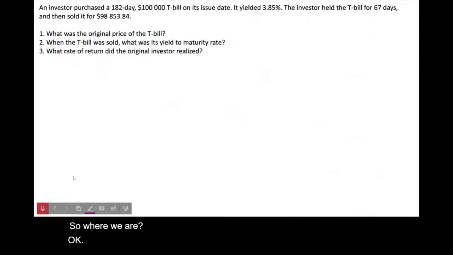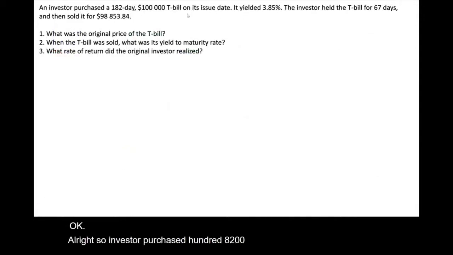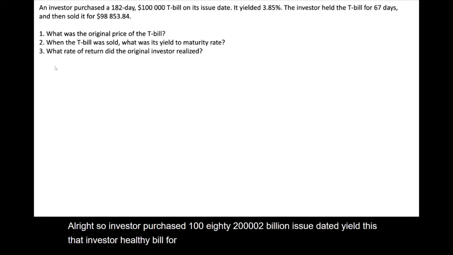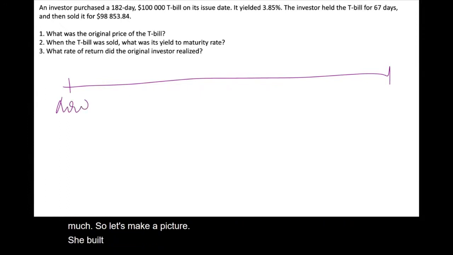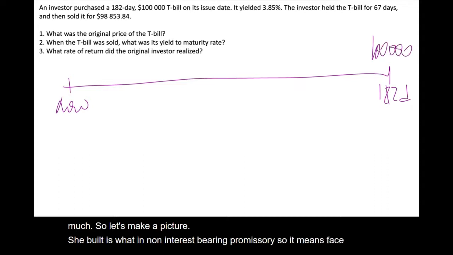All right. So an investor purchased a 100,000 T-bill on issue date. It yielded this and that. The investor held the T-bill for these 67 days, and then sold it for this much. So let's make a picture. So a T-bill is what? A non-interest bearing promissory note. So it means face value sits in the future.